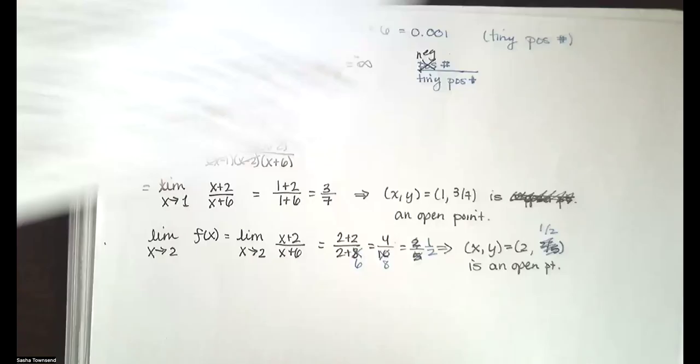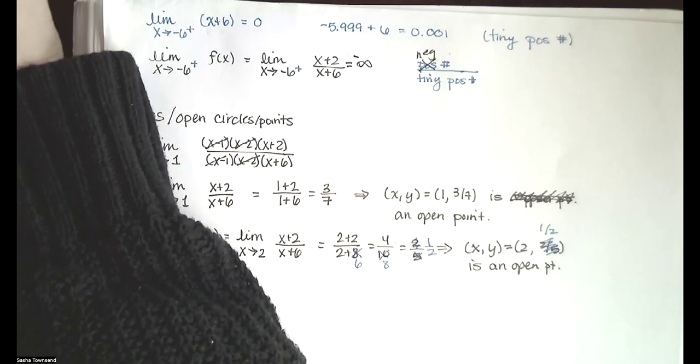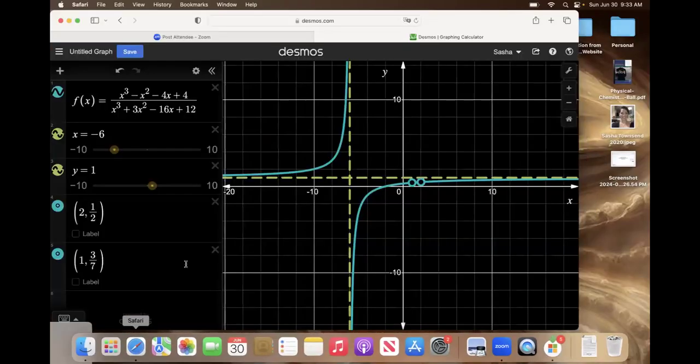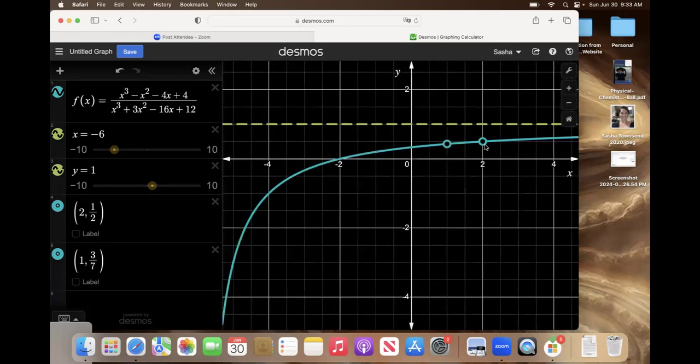All right, so let's look at the graph again. All right, so now everything is consistent. The limit as x approaches -6 from the left and the right is infinity and then negative infinity respectively. The limits as x approaches 1 and 2 are 3/7 and 1/2 respectively, and we see that that's consistent with our graph.